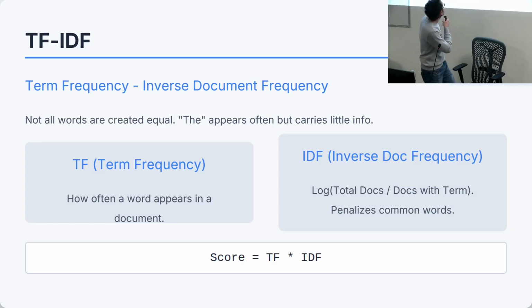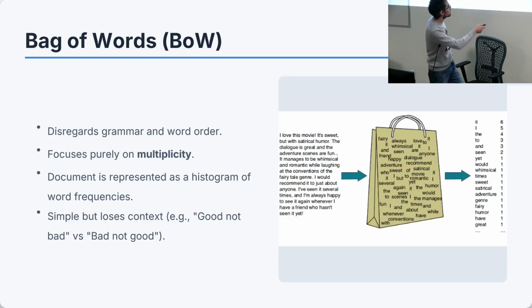Think about this. Articles carry very little information. If we want to understand what a document is about, we don't really care about the articles, the pronouns, the conjunctions, all of these particles in text. But we can expect them to appear a lot in the histogram.